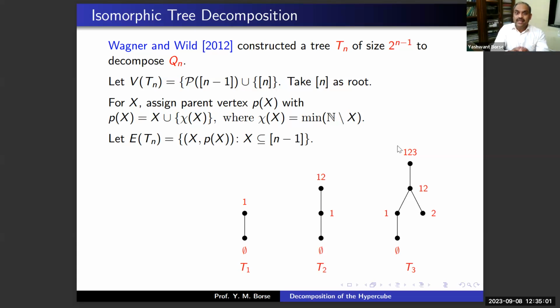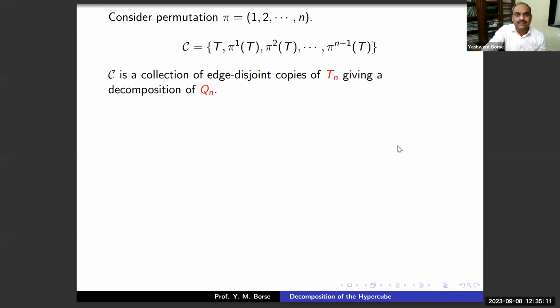Now we apply a subgroup of the automorphism group on Tn to get the decomposition of Qn. So consider the permutation pi of 1 to n. This is a cycle. And now apply this pi on T. So T, pi T, pi square T means 2 times you are applying pi on T, and so on up to pi raised to n minus 1 T. Wagner and Weil proved that all these copies of T are edge disjoint.